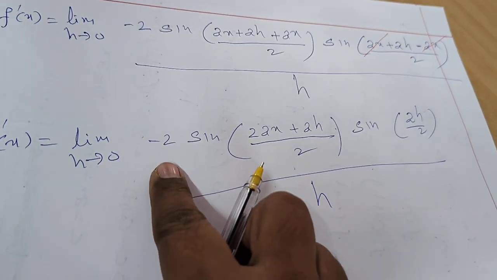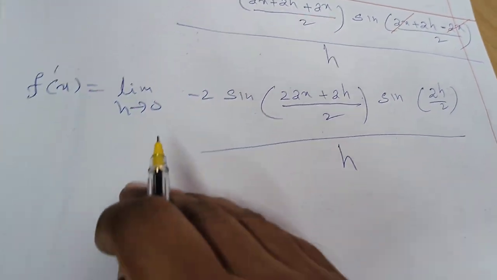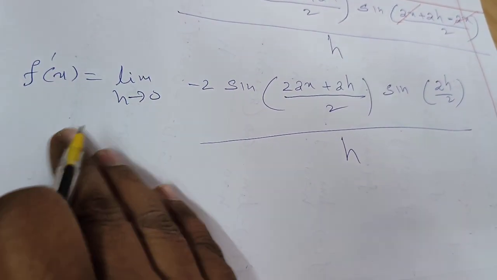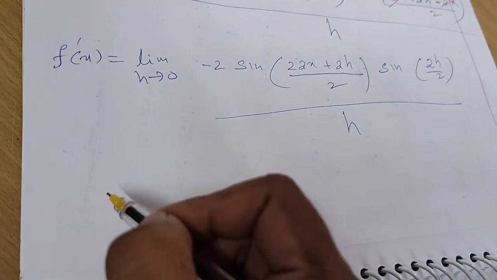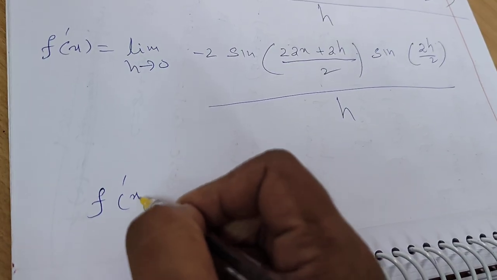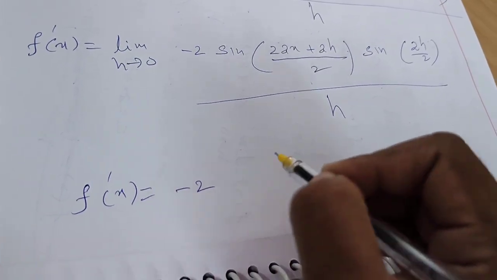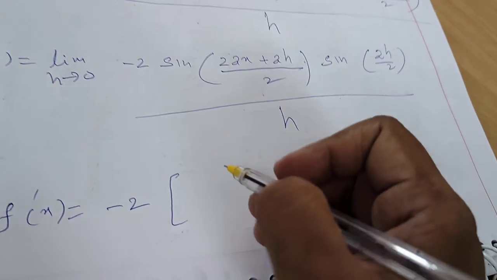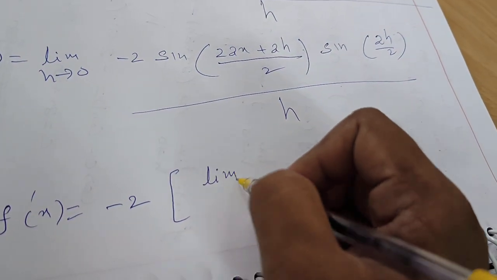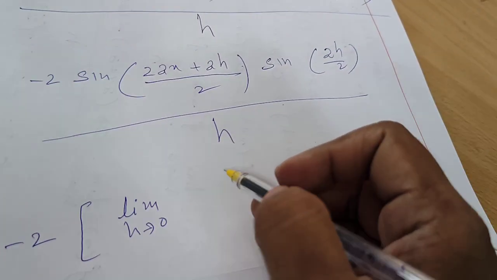Now we will take this minus 2 outside, means we will write before the limit h tends to 0. So this becomes f dash of x is equal to minus 2, open the bracket. Here we will write limit h tends to 0.